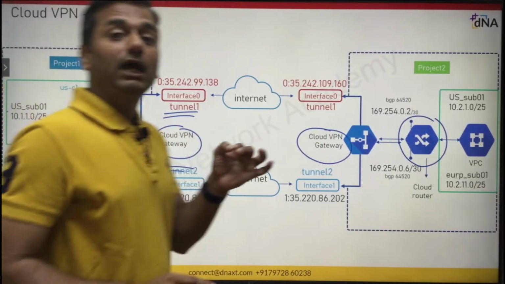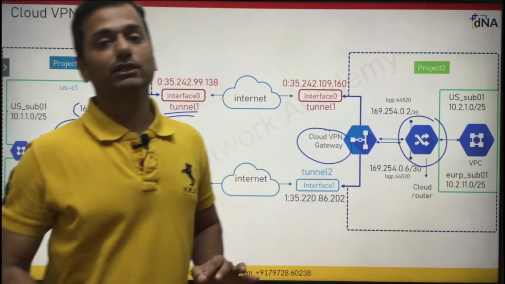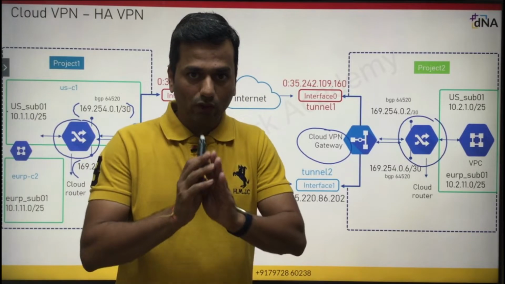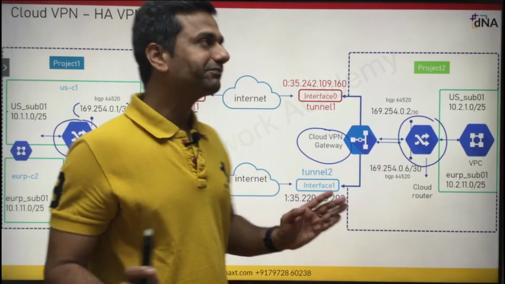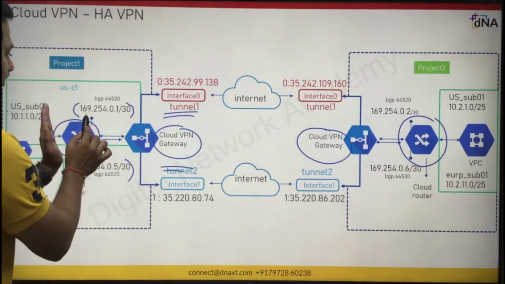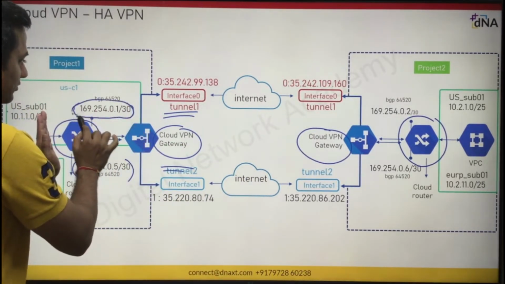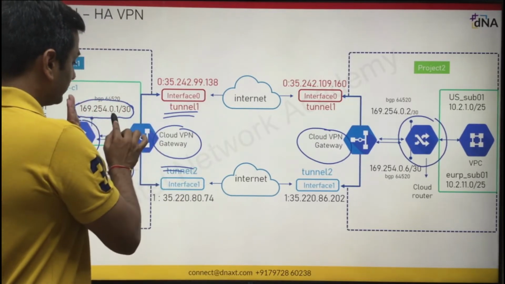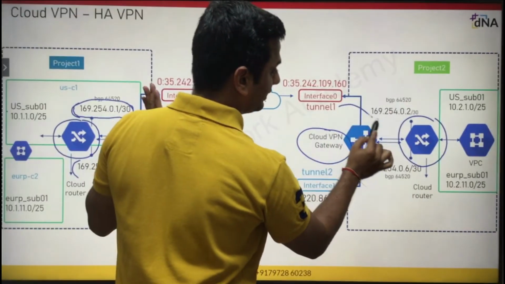It will allow only link-local addresses, APIPA, the 169.254 IP scheme. You cannot use any other IP address for the BGP neighborship. So consider your IP address is 169.254.0.1/30. By default it will take /30. The next IP address, 0.2, you have to configure for the tunnel 1 interface.